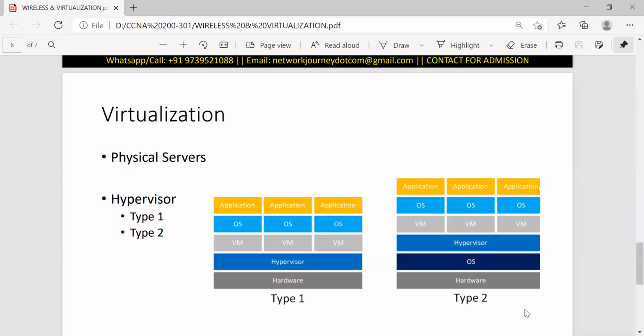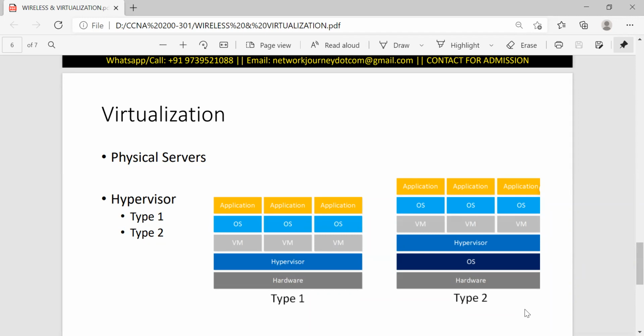Okay, so when we talk about virtualization, what do we have in mind? That now we have multiple operating systems, we can run multiple applications, and you can set up your network in this manner. For that, when you go for virtualization, you will need hypervisors. And hypervisors are nothing but virtualization software, I can say. You need to install that software, and over it you install your virtual machines.